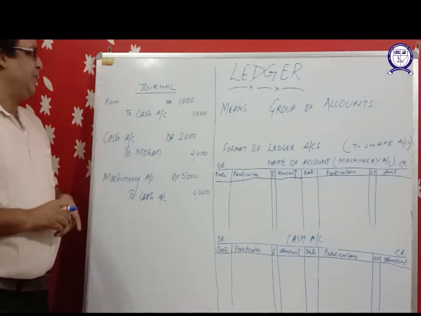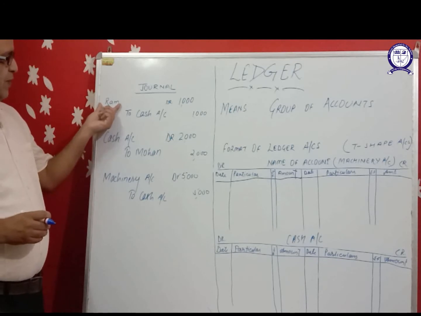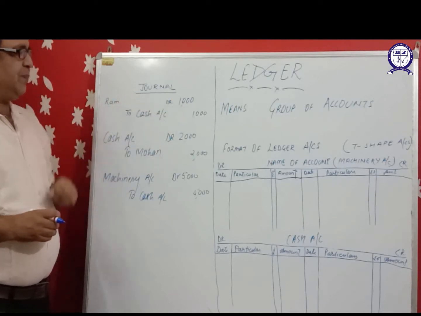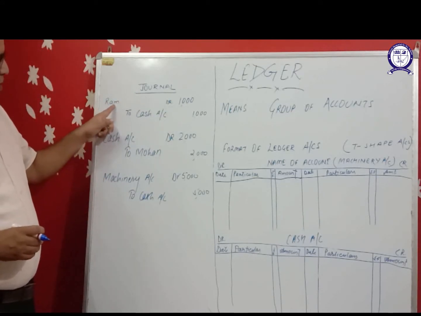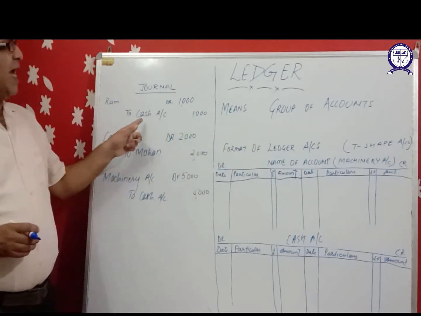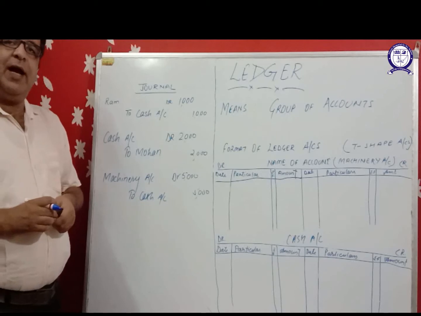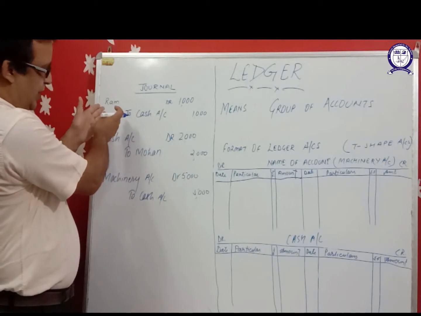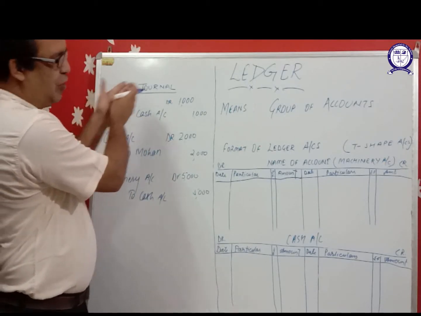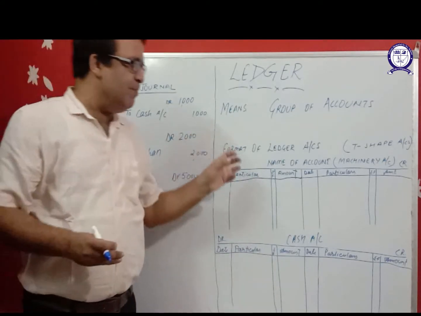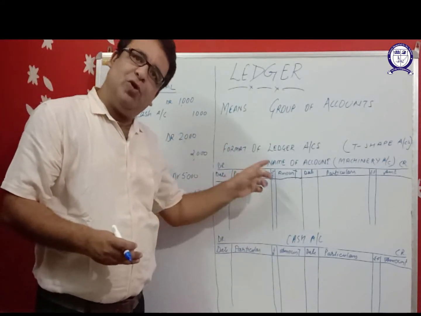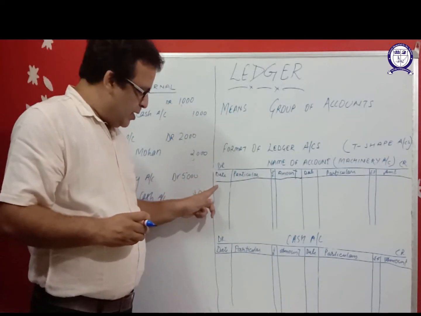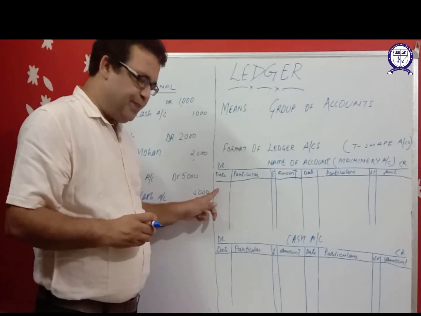So let us start from this simple entry, Ram account debit to cash. Here two accounts will be prepared. Number one, Ram account. Number two, cash account. So how to post the transactions from journal to ledger? First of all, some basic rules related to ledger. In the column of date, the date of the transaction will be recorded.